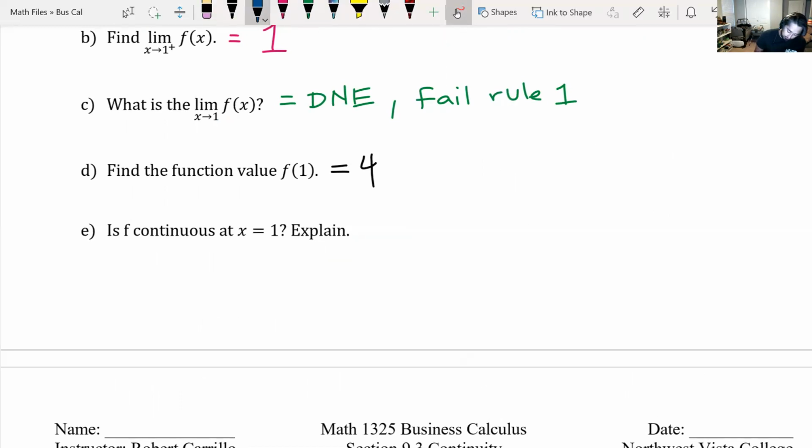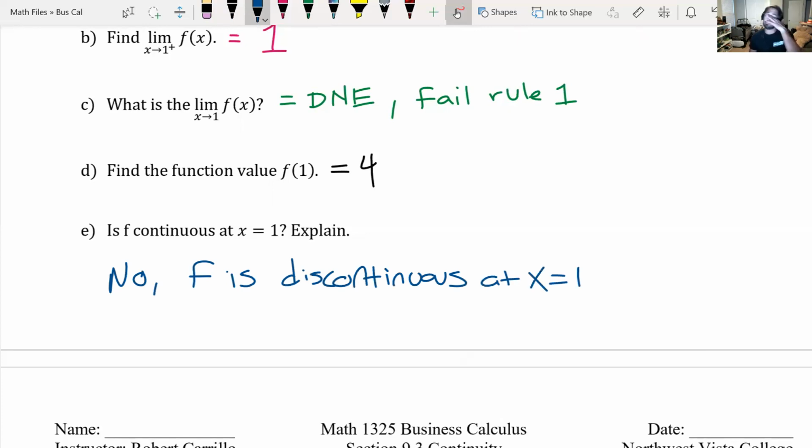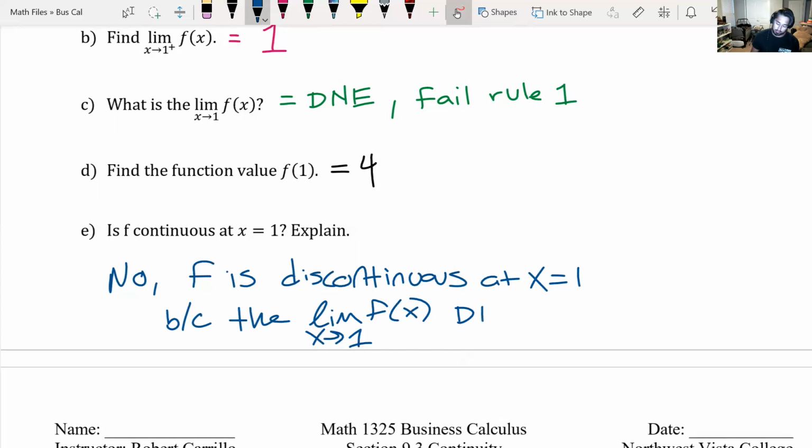And we're going to say no. f is discontinuous at x equals 1 because the limit as x approaches 1 of f of x does not exist.